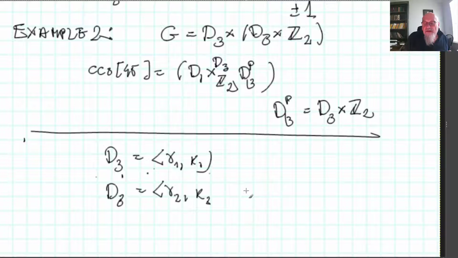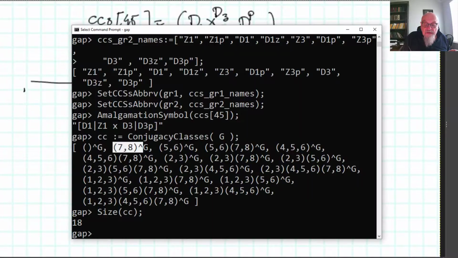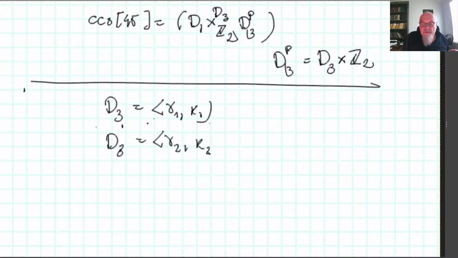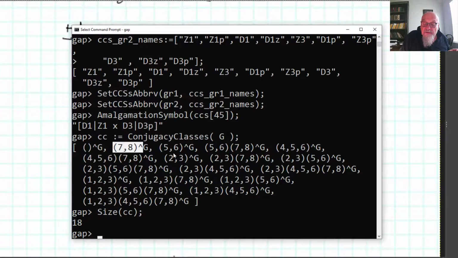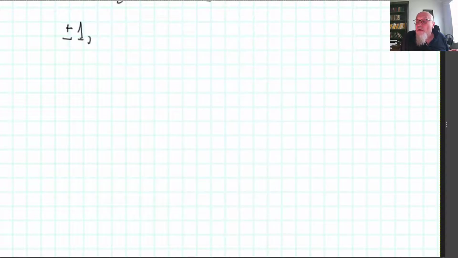In such a case, if you look at that one, you can recognize, for example, that the first is just 1, and the second one is minus 1. Then the next one is 5, 6, so this is kappa 2, so this will be plus minus kappa 2.